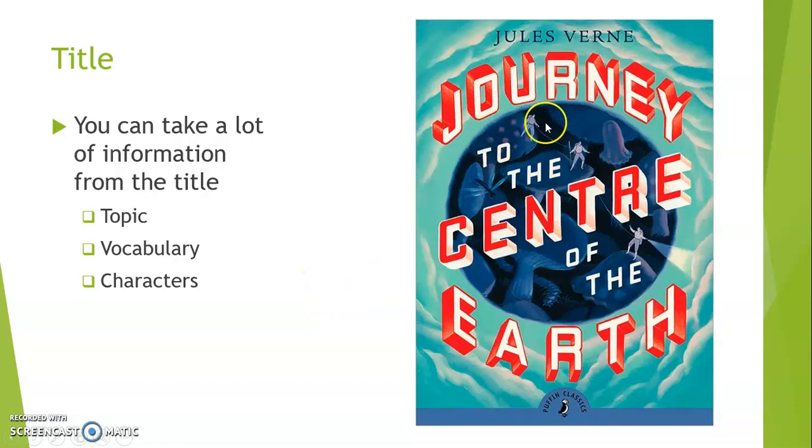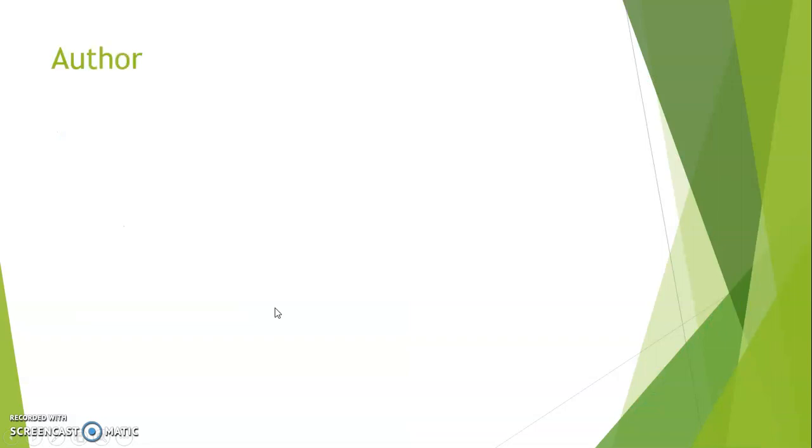For example, in here you may know that this book is about explorers, right? And you may know about the location of the story, the place, okay? El lugar en donde se desarrolla la historia. So, for example, in here the place is the center of the earth, right? That is the place. And we have all that information from the title.